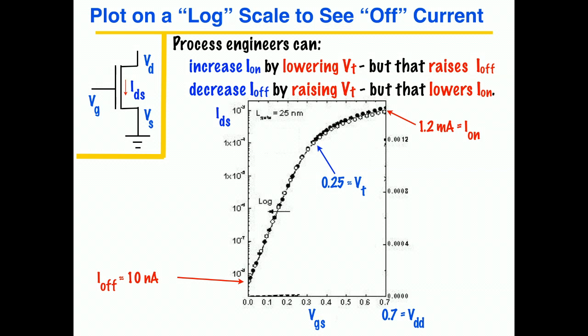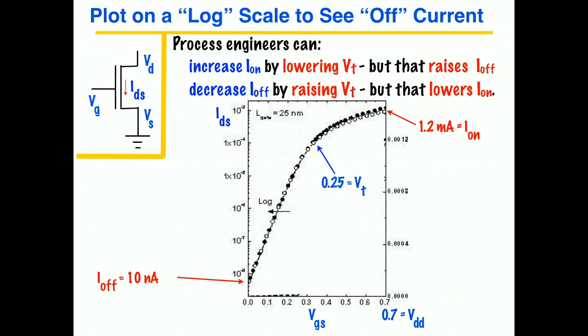But, oh sorry, this way. If we push the curve left, I on will go up, but I off will also go up. So you can make faster transistors, but it comes at the expense of having more leaky transistors.